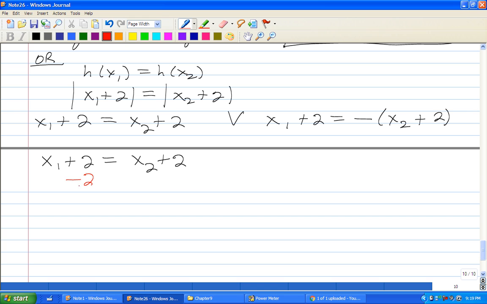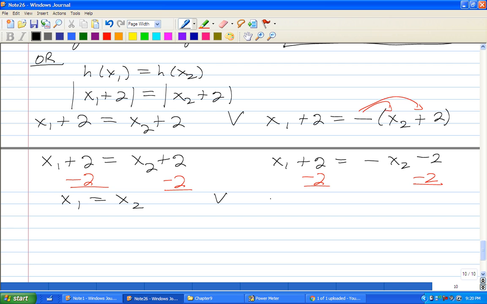Let me subtract 2 from both sides. So I get x1 is indeed equal to x2, or multiplying the negative inside, I get x1 plus 2 equals negative x2 minus 2. Subtract 2 from both sides. So I get that x1 is equal to negative x2 minus 4. Well, that's a problem. I was supposed to have that x1 is equal to x2. Well, yes, but x1 is also equal to negative x2 minus 4, so that's a contradiction. So that means that this is not a one-to-one function. So h is not one-to-one.